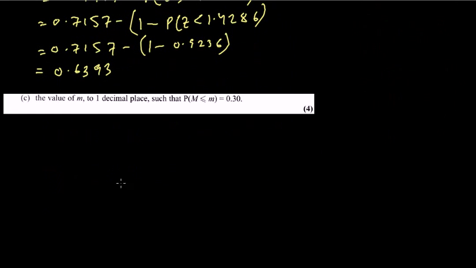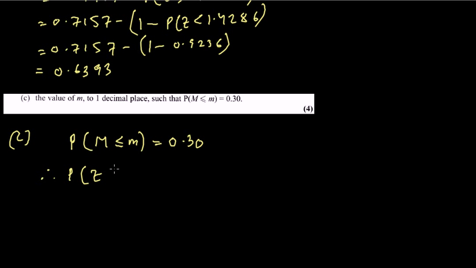It's type 2. Here the probability is given and we have to find the random variable. But before we do this, let's first do the z-score, because either way you have to do the z-score first of all.